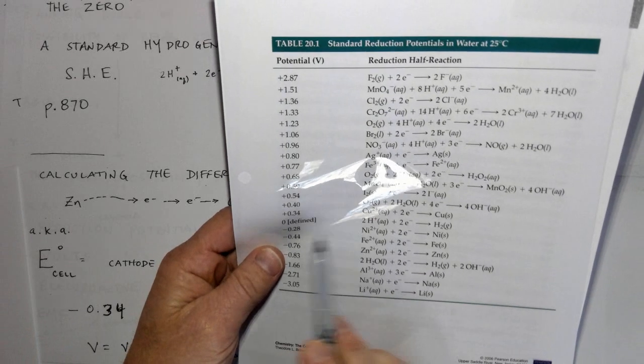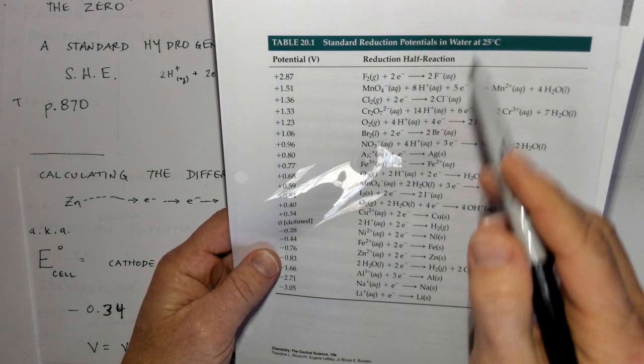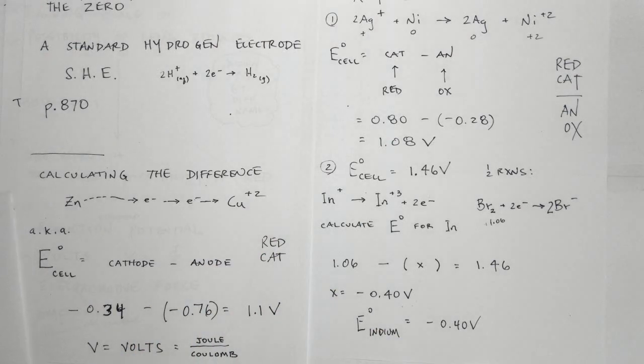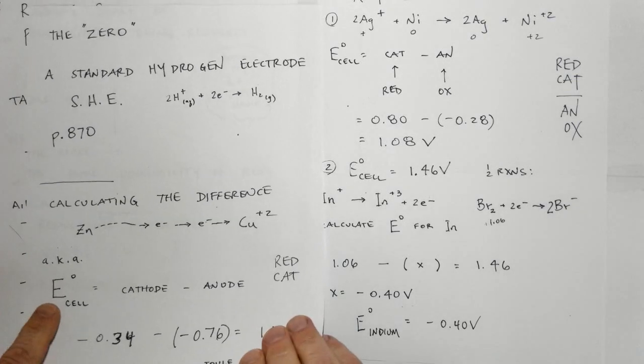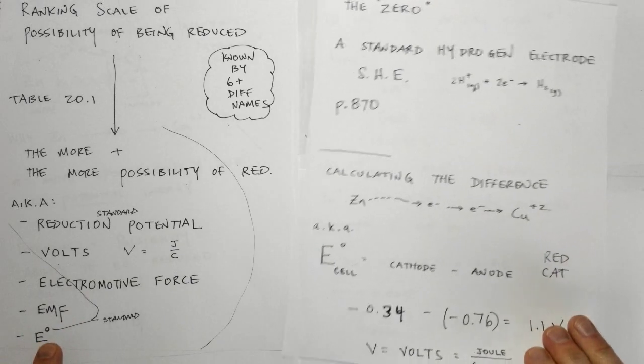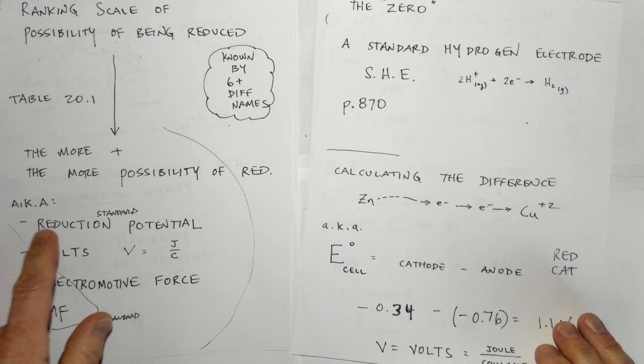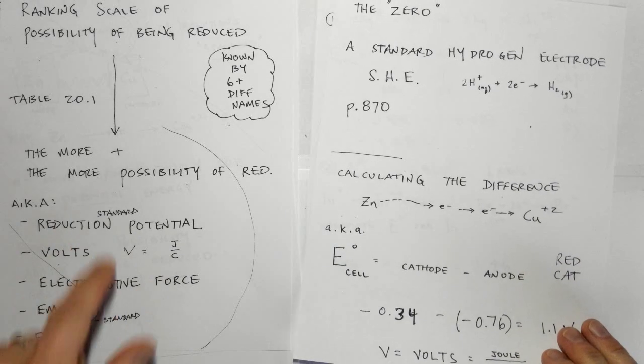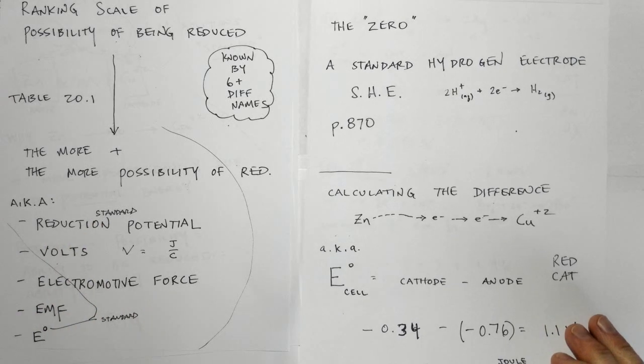That would fit right around where iron is, or right between iron and nickel on the standard reduction potentials list. Good luck with your EMF, standard hydrogen electrodes, and calculating the E cell, known as the EMF, the electromotive force, the volts, the standard reduction potential, or the possibility of being reduced in volts.